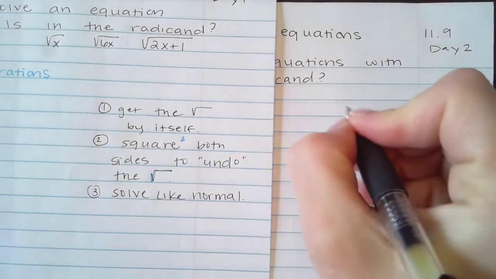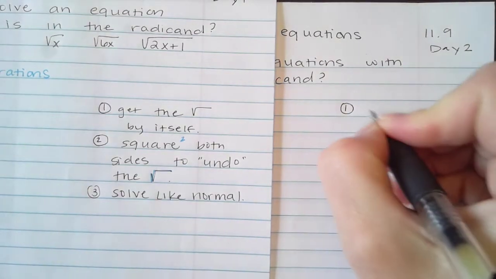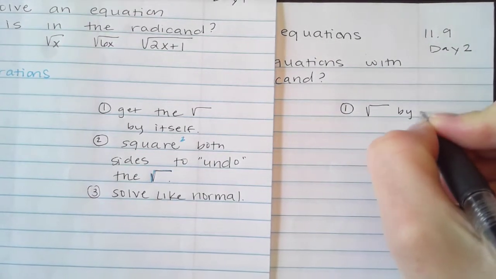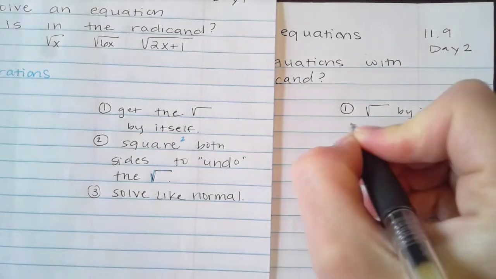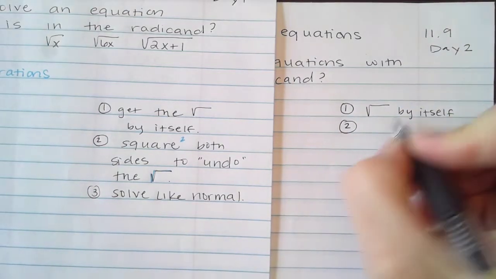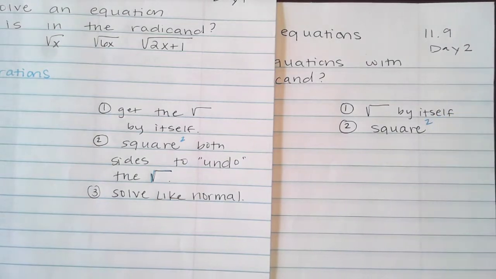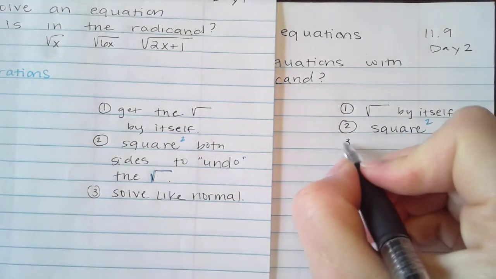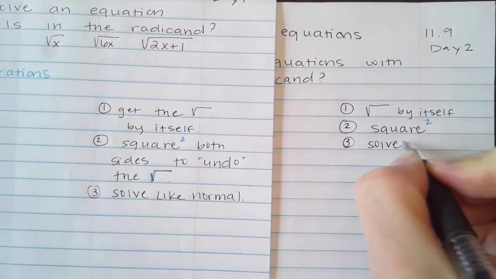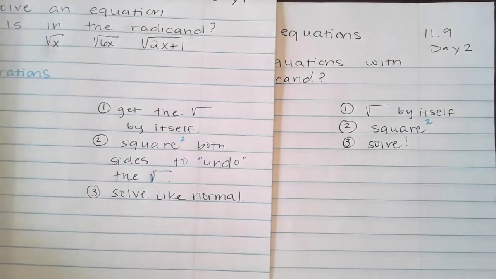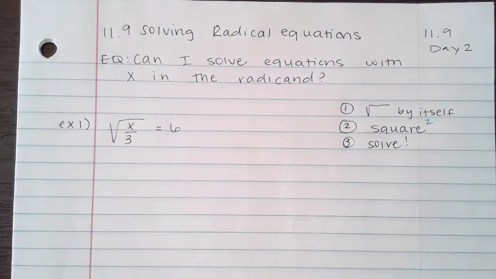I'm going to write a very small, simplified version of this. Get the root by itself, square both sides, then solve. So I'm just writing a simplified version on today's assignment so I can quickly look at it.